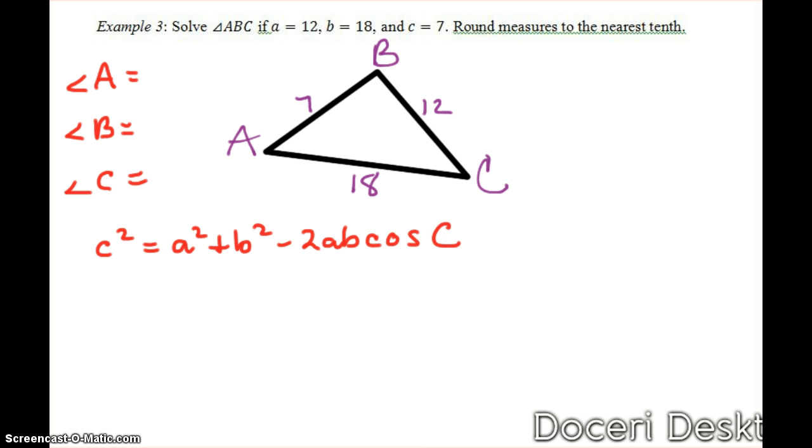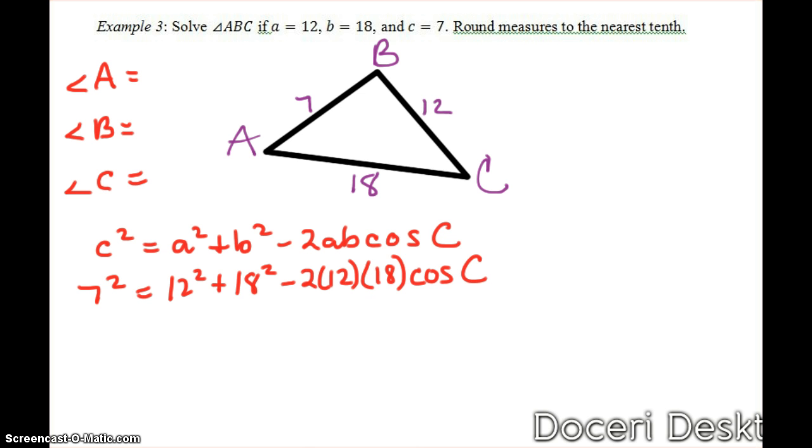C is 7, so 7 squared equals 12 squared plus 18 squared minus 2 times 12 times 18 times the cosine of angle C. We don't know C, so we're going to solve for capital C.